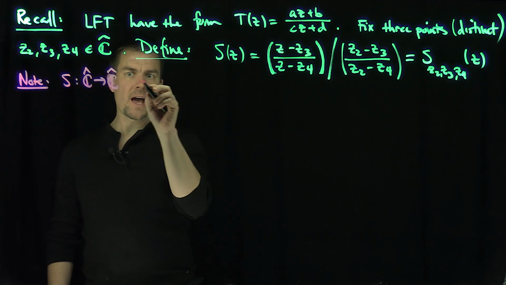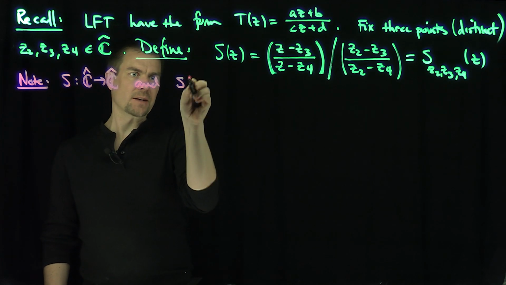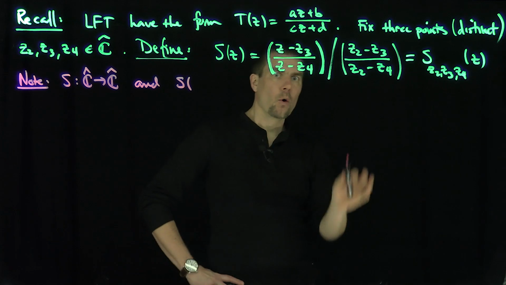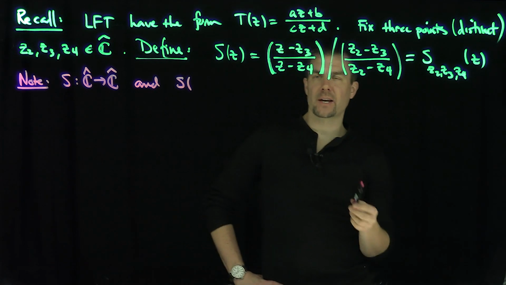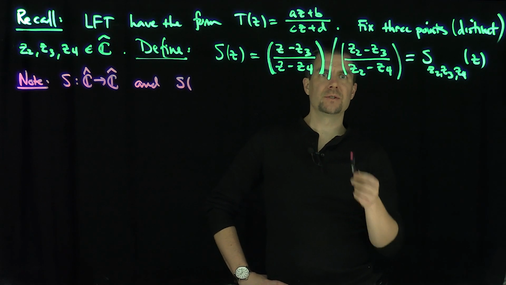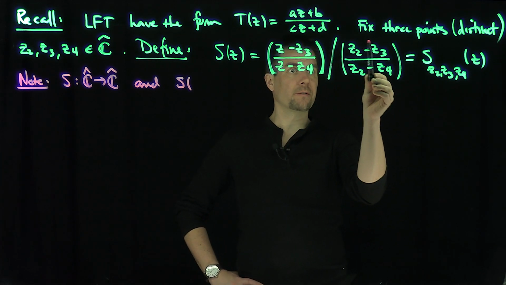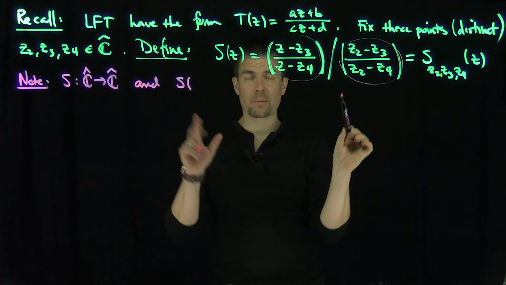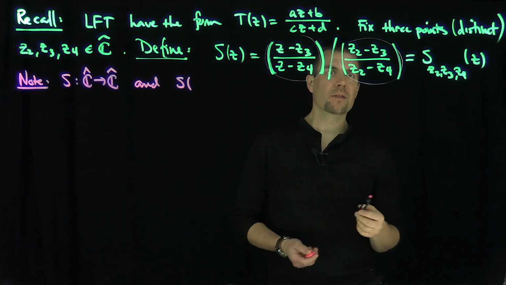Now, let's do S of z2. You might say, wait a minute, what happens in a special case, if z2 is infinity? Then this expression turns into a 1 and that becomes S, no problem. What happens if z3 is infinity?